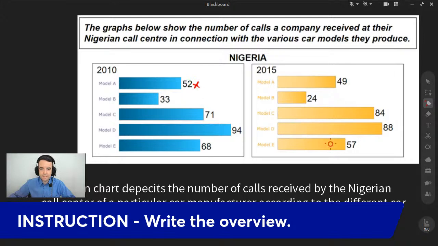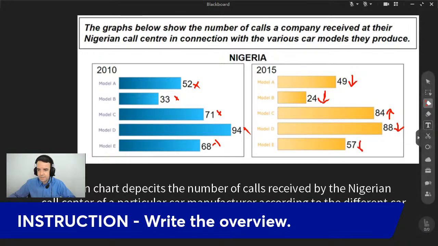We went from 52 to 49, so that's a decrease. We went from 33 to 24, that's a decrease. 71 to 84, that's an increase. 94 to 88, another decrease. 68 to 57, another decrease.